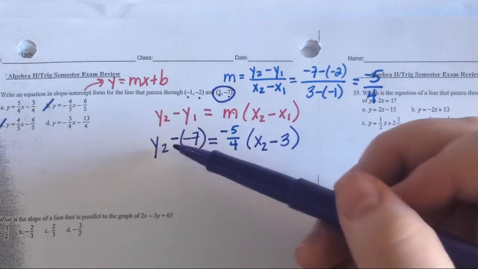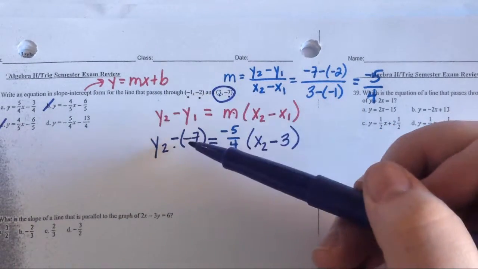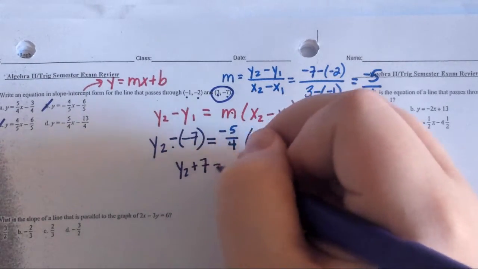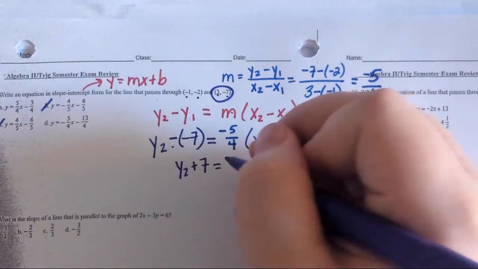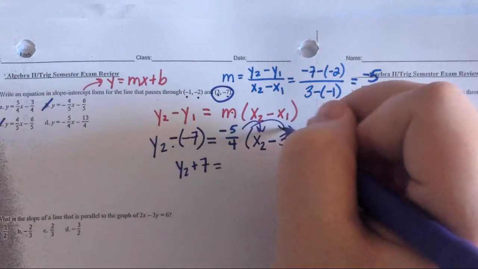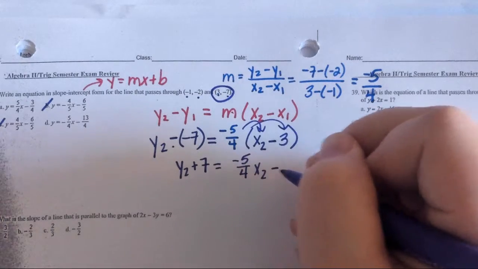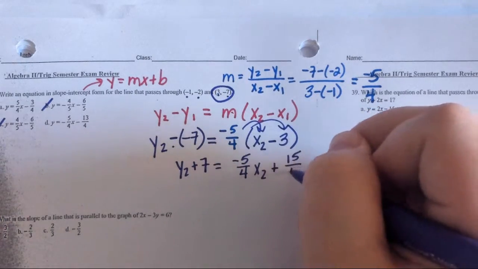So it was y2 minus y1. Well, my y is a negative 7, so it ends up being y2 plus 7. If I distribute that negative 5 fourths, I get negative 5 fourths x2 minus, or actually it's plus 15 over 4.